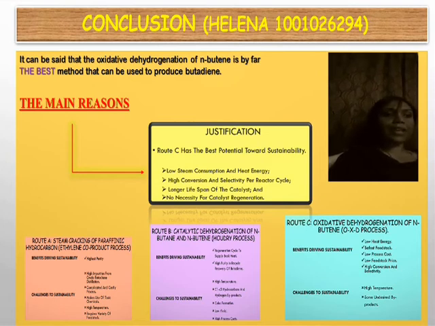So therefore, in conclusion, it can be said that the oxidative dehydrogenation of N-butene, which is studied throughout this assignment, is the best method that can be used to produce butadiene in the industry. The main reasons being that this process consumes less amount of energy compared to the other two processes, resulting in a lower cost.